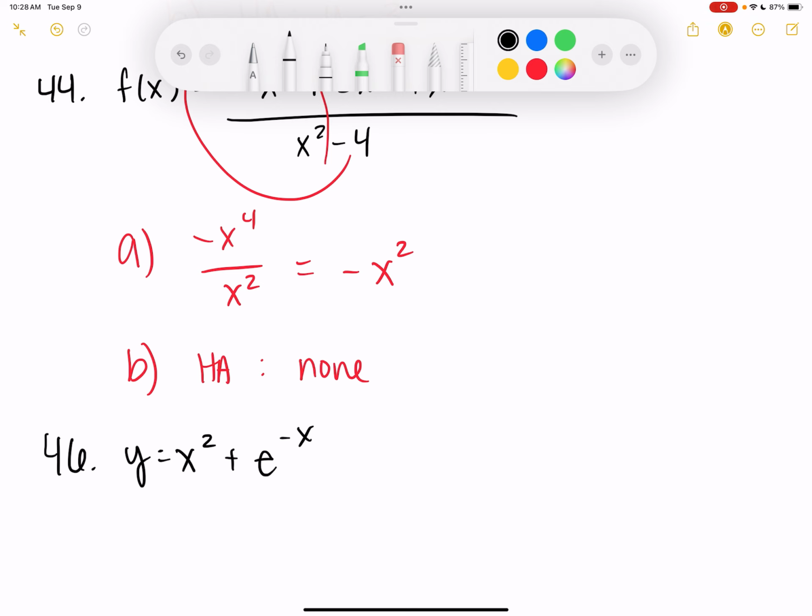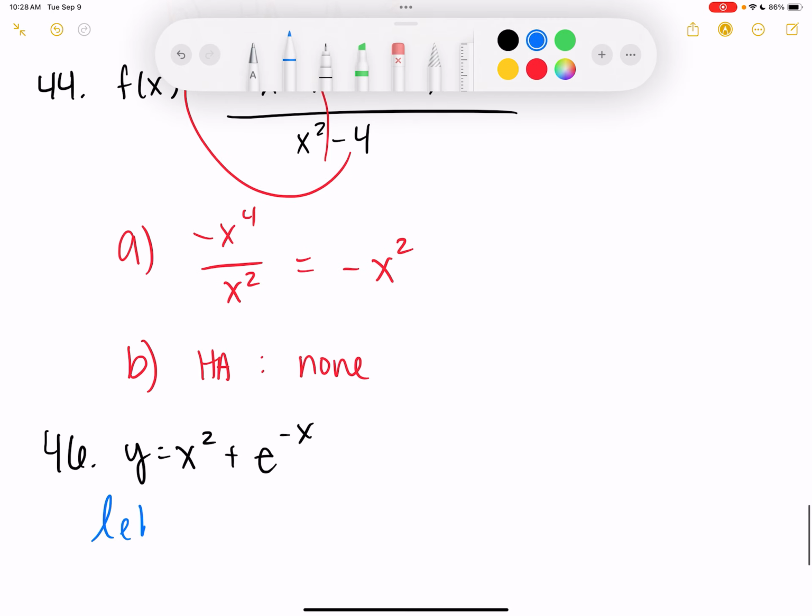Basically it's going down pretty quickly here, and then over here it's more rounded. So my left end behavior over here is going to be this e to the negative x because that's the exponential part of the graph. I usually just write LEB for left end behavior, is e to the negative x.